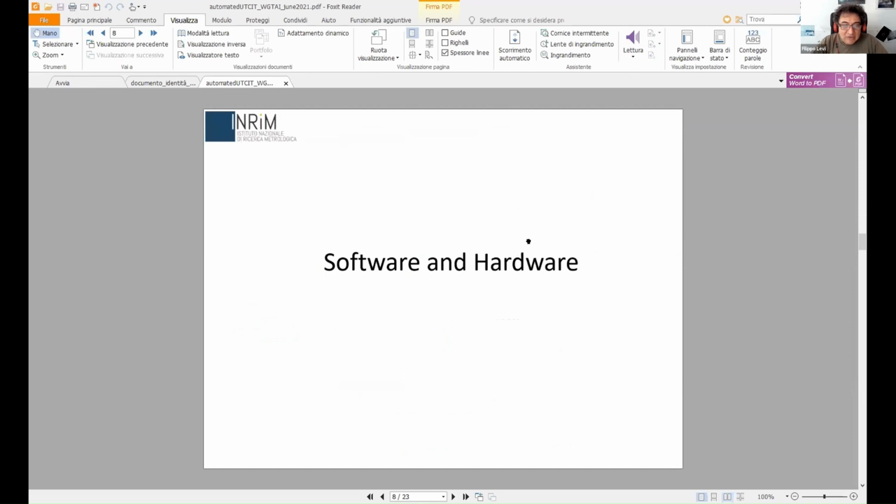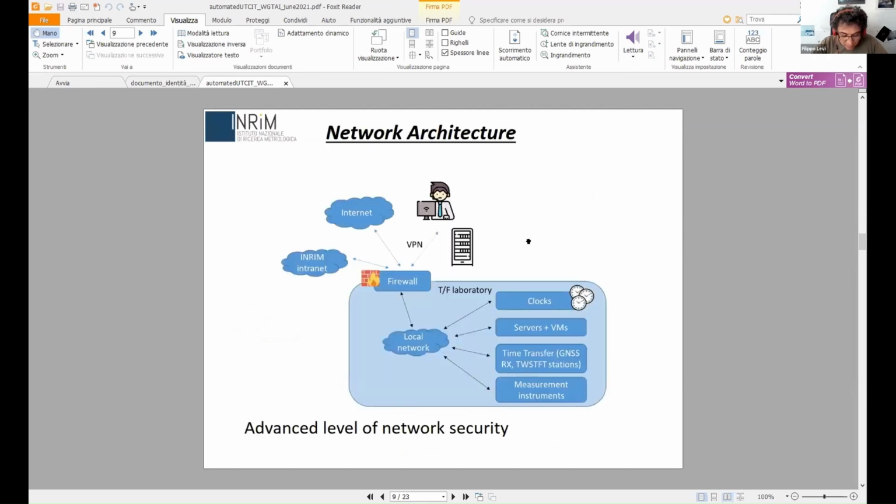Software and hardware. It's really important, in our experience, to identify the limit of the time and frequency laboratory and maintain all the network of this laboratory isolated from the rest of the world, in such a way that it is protected, is safe, and it is not affected if the rest of the institute, the rest of the world network, has a problem, has a failure.